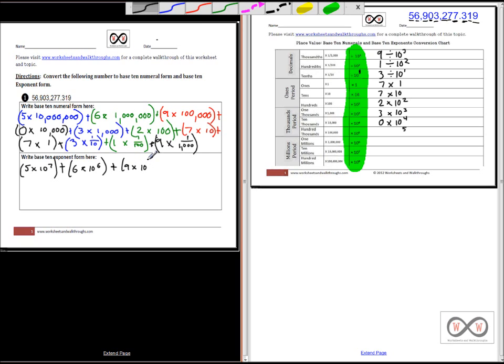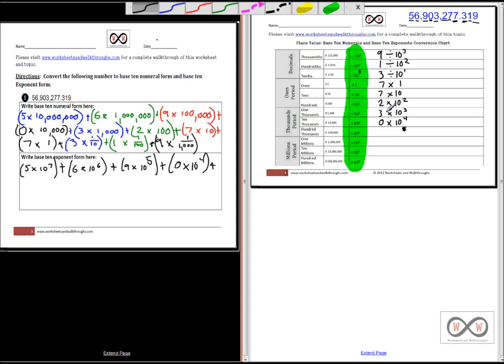Oh, we lost our exponent, didn't we? We'll just write that in. It actually might be faster just to write these in rather than having me drag those across for you. So now we've got plus 0 times 10 to the 4th.